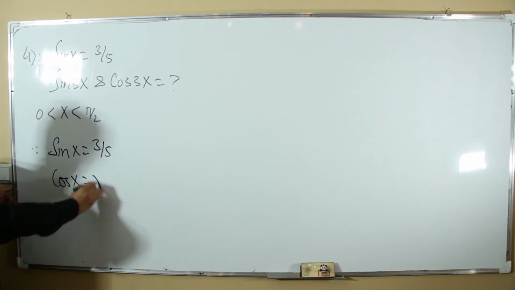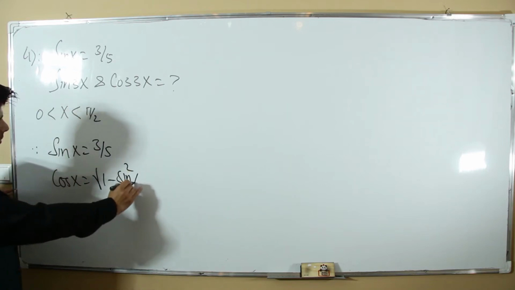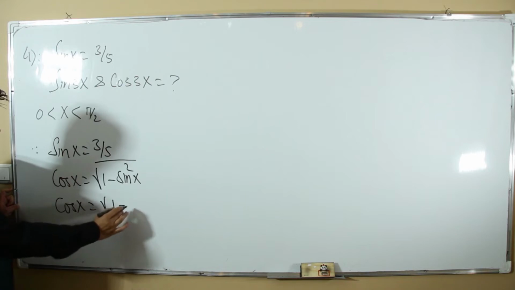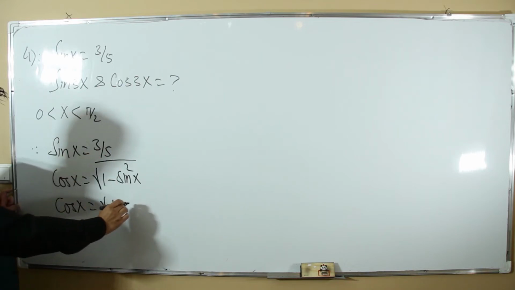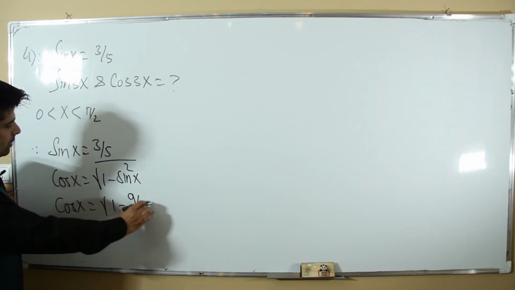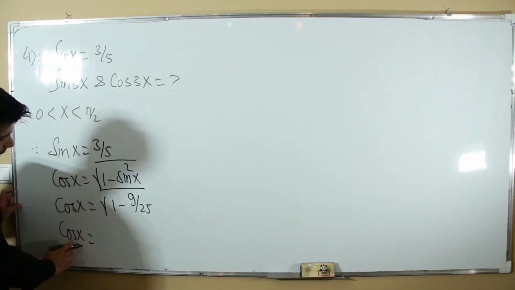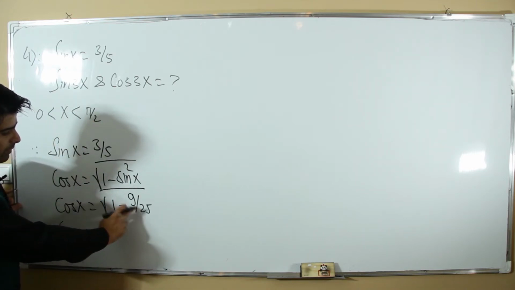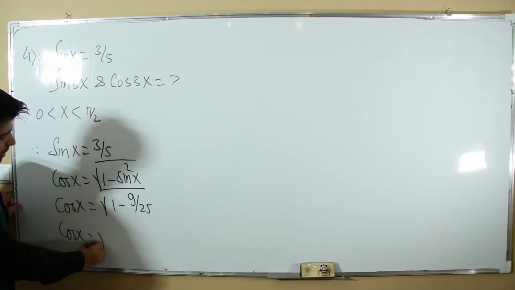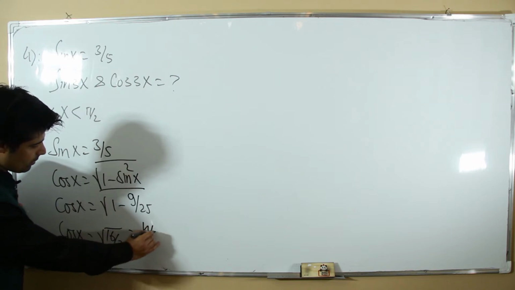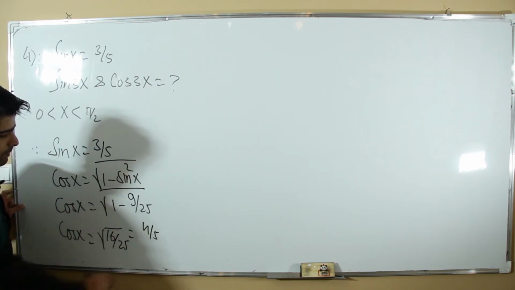Cosine x is root of 1 minus sine squared x. Am I right or not? Yes. Cosine x is root of 1 minus, instead of sine x, 3 by 5 whole square, which is 9 by 25. Now simplify this one. Cosine x is root of 25 minus 9, that is 16 by 25, which is 4 by 5. Now plus or negative?